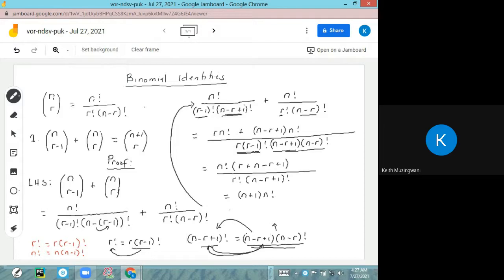You can put it in front of n factorial, and then we have r factorial. You can write it as n plus 1 minus r factorial, but this is just n plus 1 choose r, which is our right hand side.